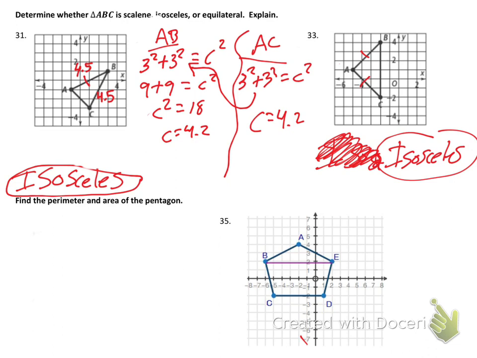So from B to E would be 1, 2, 3, 4, 5, 6, 7, 8. So this line right here is 8. And then if I were to make this right angle right here, from here to here, it's going to be 1, 2, 3, 4. That's your right angle right there. That's your height right there.